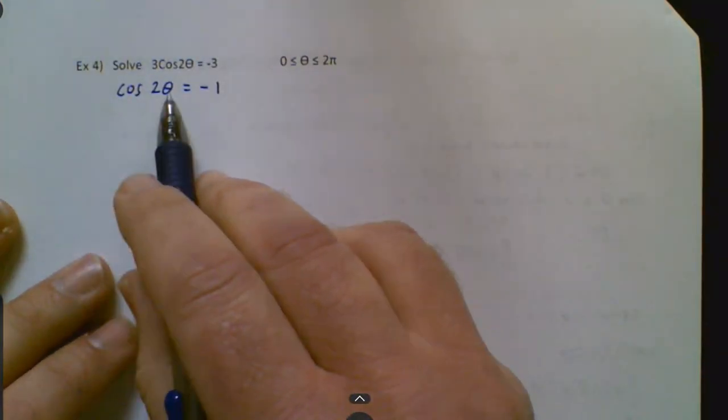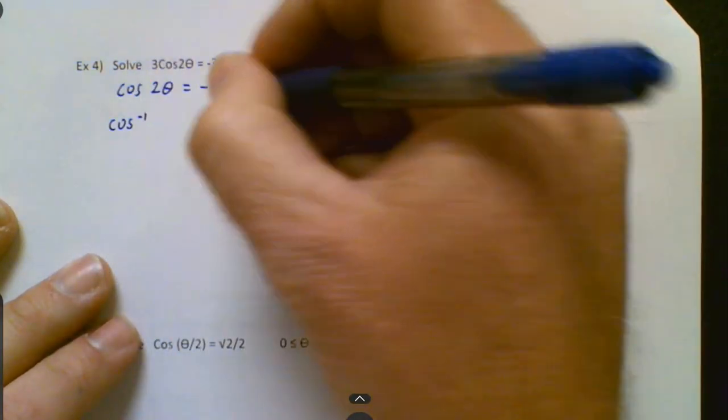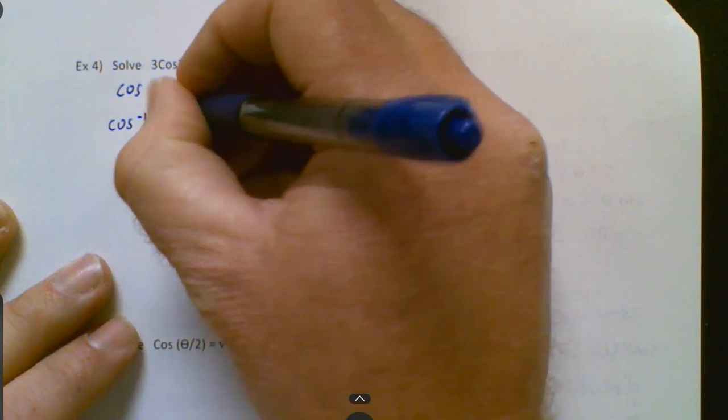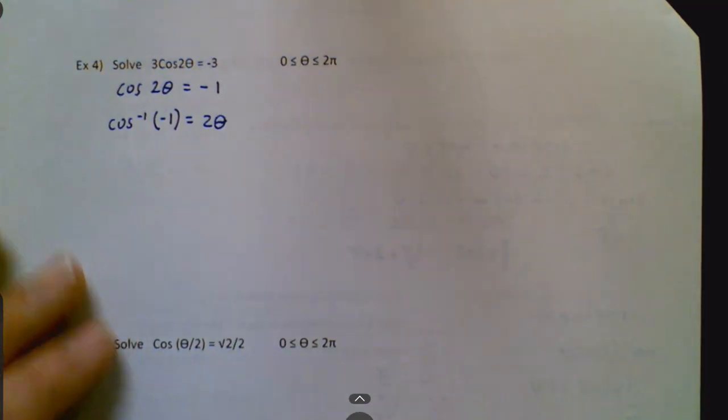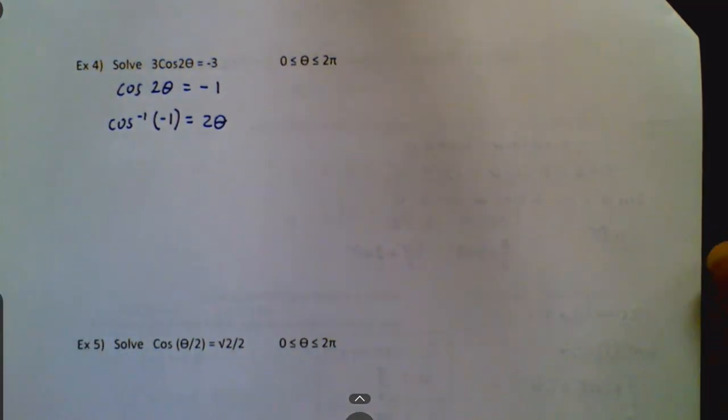So we're back to saying, okay, the cosine of what angle is -1? So the inverse cosine of -1 is our 2 theta. So where do we get cosine values that are -1?